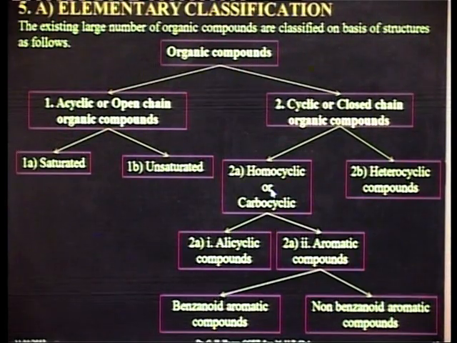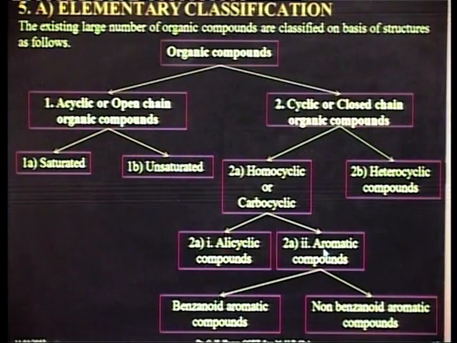For more clarification, the homocyclic or carbocyclic organic compounds can be further classified into alicyclic compounds. Though they have a closed chain structure, they resemble acyclic compounds in certain respects of chemical properties. So, they are alicyclic compounds and aromatic compounds.